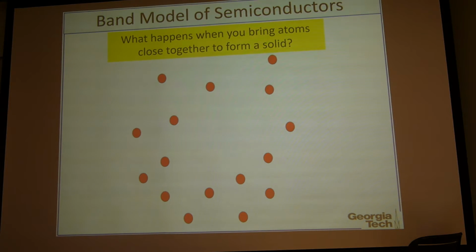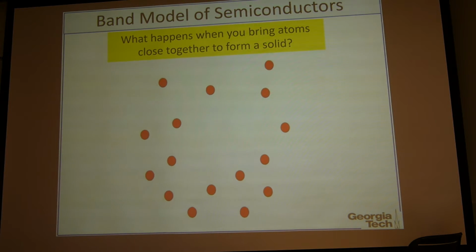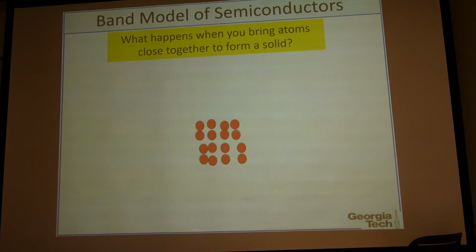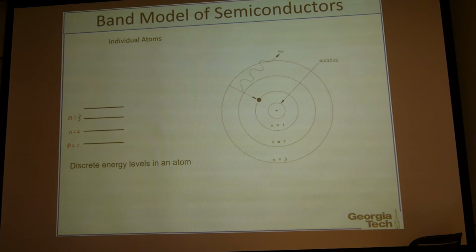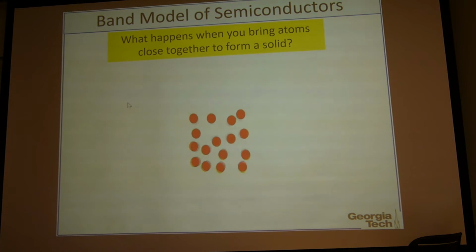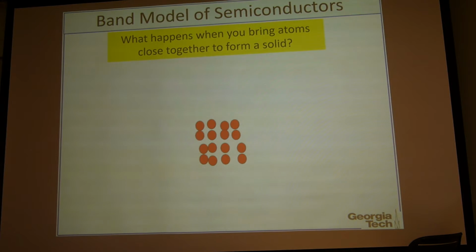So if you bring those individual atoms close to each other and form this crystal structure, then the energy band will change. Previously, the energy diagram for individual atoms has discrete levels for the orbitals. When we bring these atoms together to form a solid, the energy levels will change.